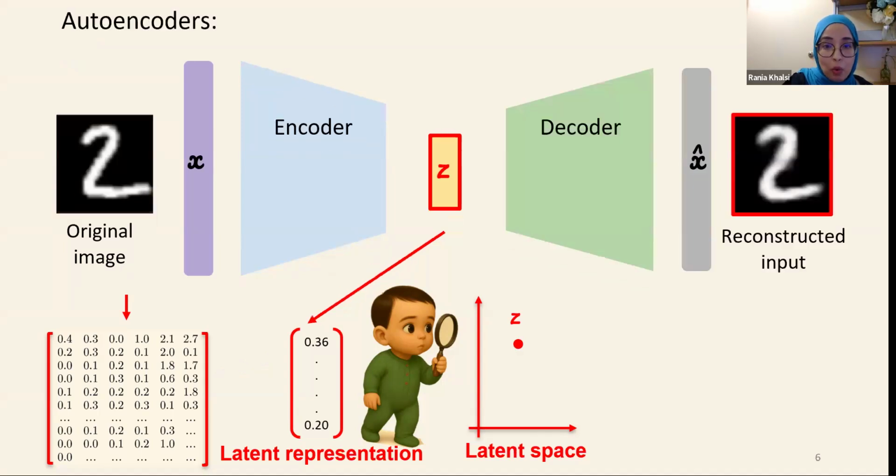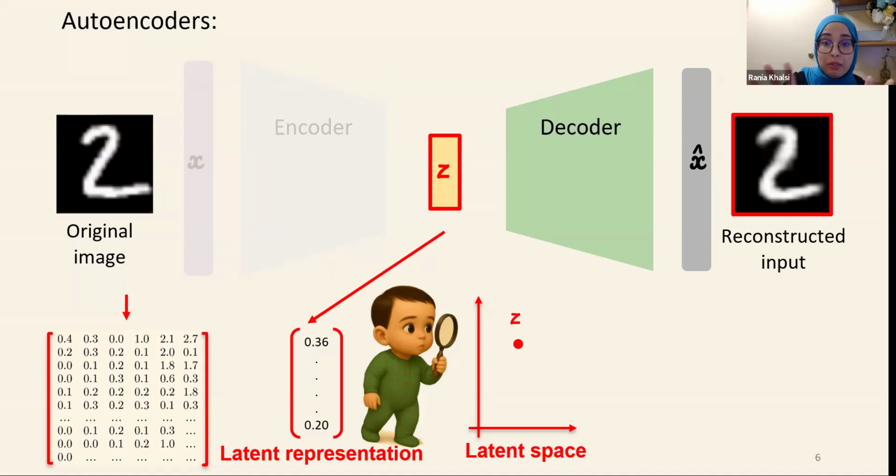So once an autoencoder is trained to reconstruct images from latent codes, it seems reasonable to try generating new images. And when I say generating images, it's mainly given by the decoder part, okay? How does it work?